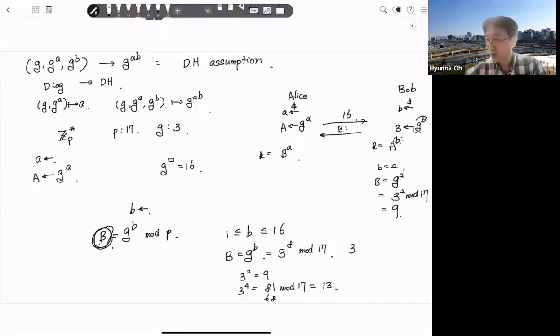And 3 to the 8 is 13 squared mod 17. It is 16. Because 13 mod 17 is equal to minus 4 mod 17. So minus 4 times minus 4 is 16. So anyway, this is the correct one.